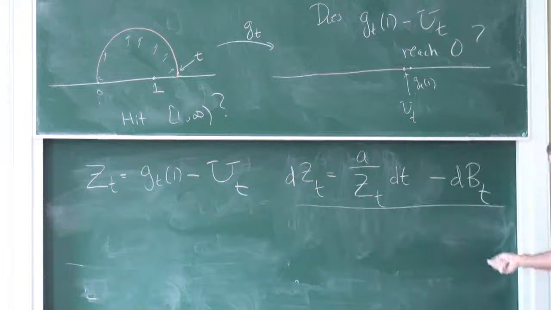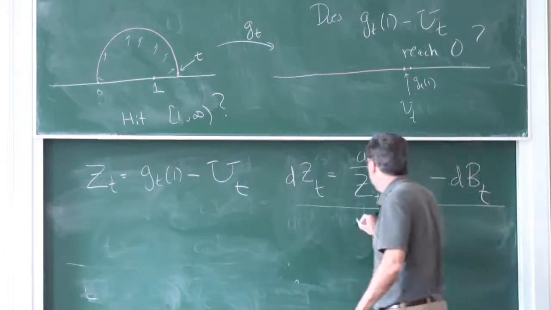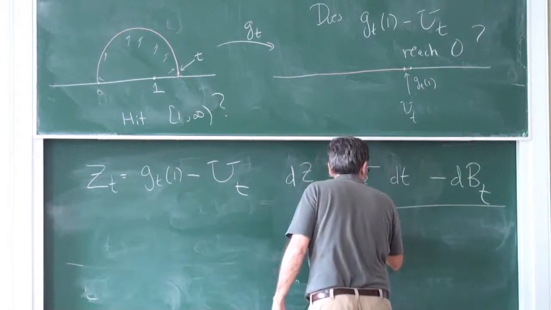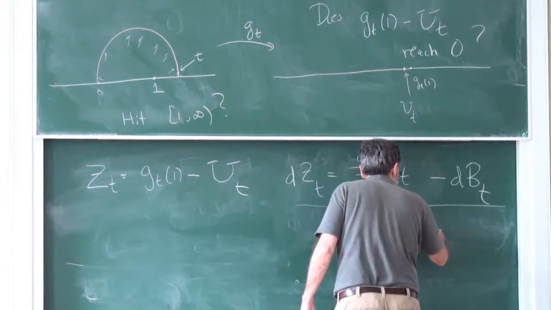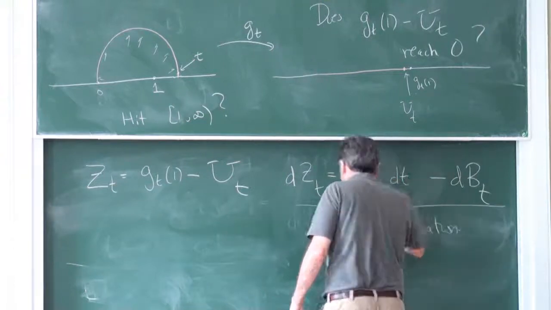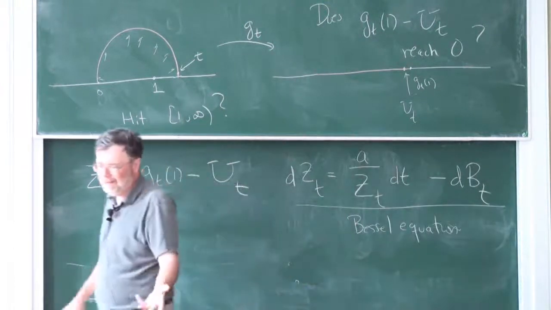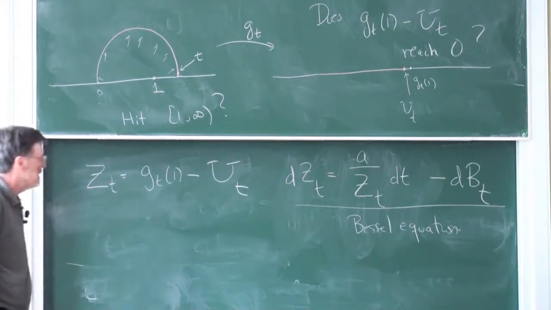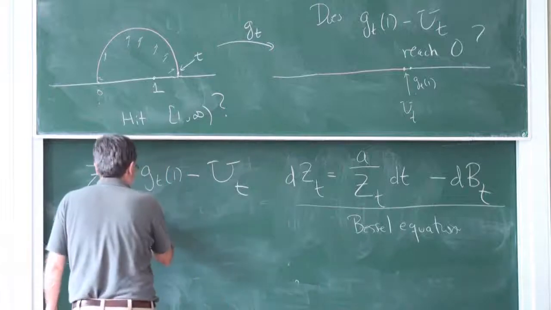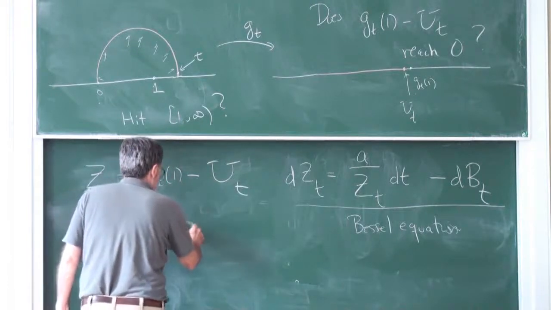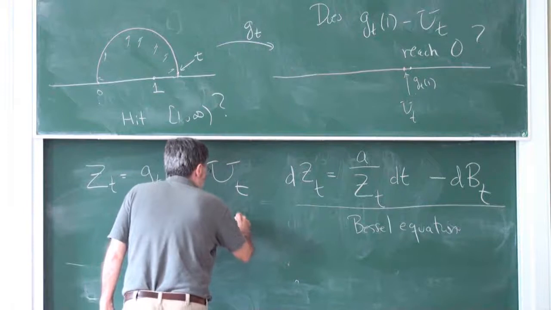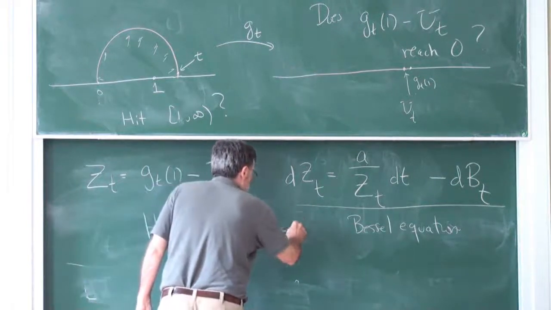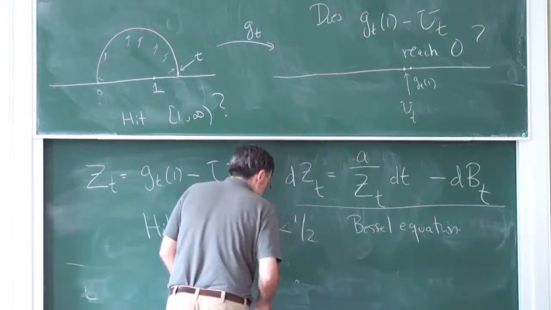So now we reduce to a one-dimensional SDE, and this is what's called a Bessel equation, related to the Bessel differential equation. And it's a well-known fact, which I won't prove here, a good exercise in stochastic calculus, that this hits 0 if and only if a is less than a half.